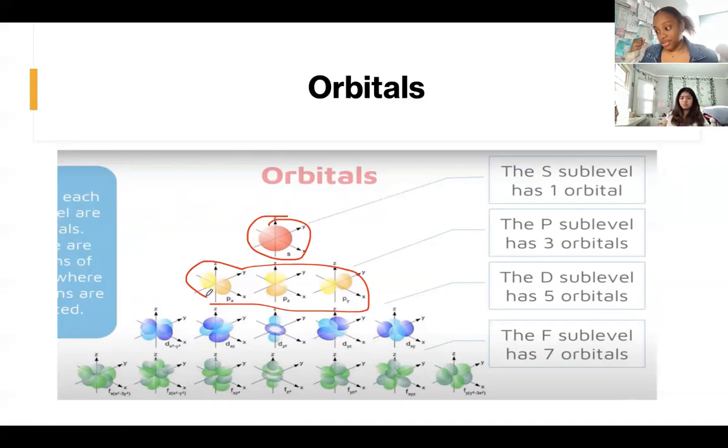If you think about this a little bit, your orbitals here are in 3D because each one of these orbitals falls along the x-axis, the z-axis, and the y-axis. This one is crossing the z-axis, and this is crossing your y-axis. So you can see that this is in 3D, and each of these is going to hold 2 electrons.